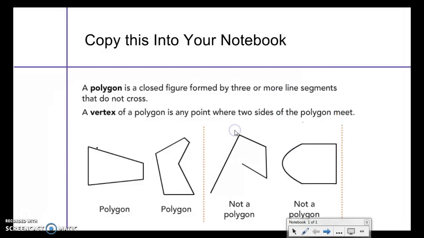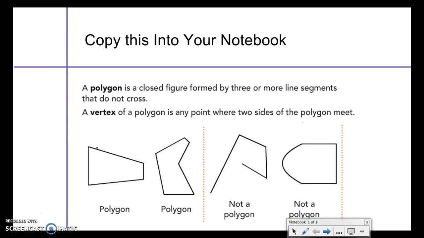Okay? So I want you to go ahead and copy down this important information. If you didn't get all the information from the last slide, I would go ahead and copy that one down as well. So what we're talking about overall today is what polygons are and how we would use those on a coordinate plane. A polygon is a closed figure that is formed by 3 or more line segments. They do not cross.